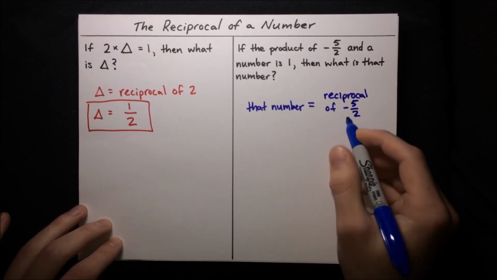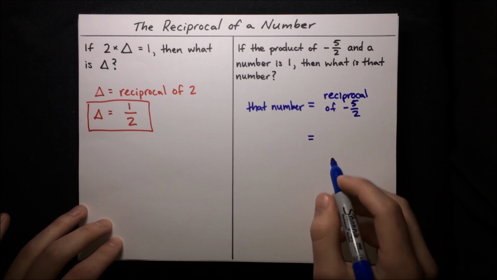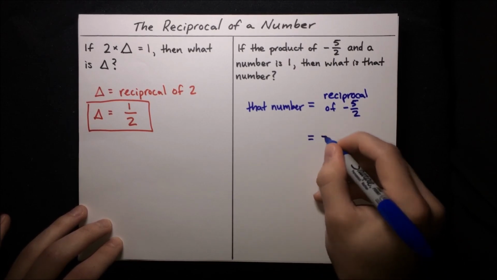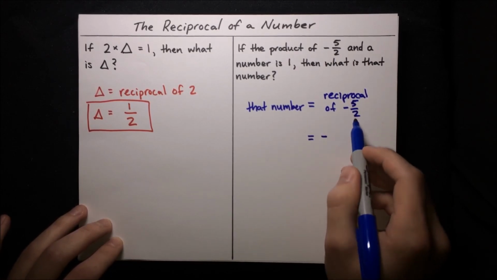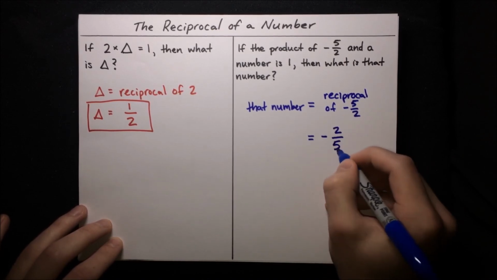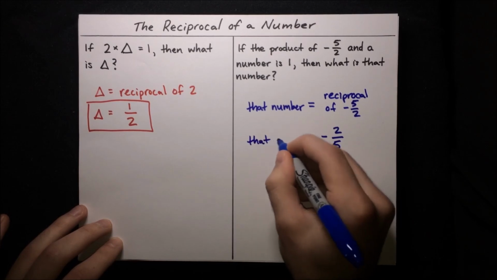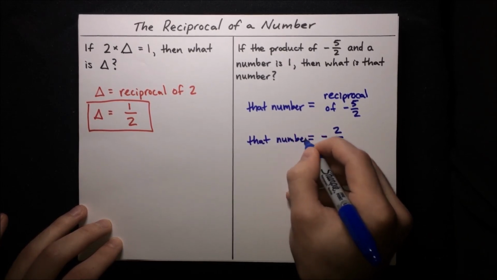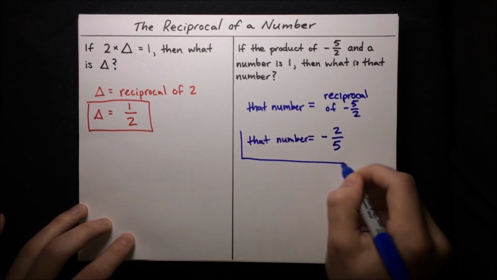And the reciprocal of -5/2, well, let's go ahead and compute that. So keep the negative sign out in front, and then just take the reciprocal of 5/2. So just flip that fraction, -2/5. So that number is just -2/5.